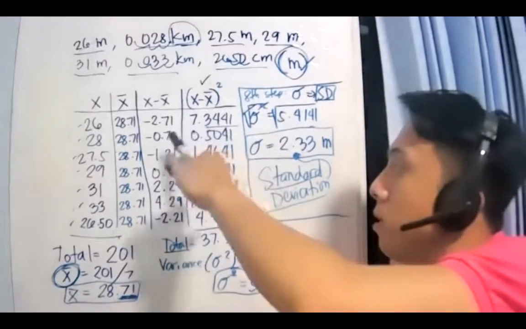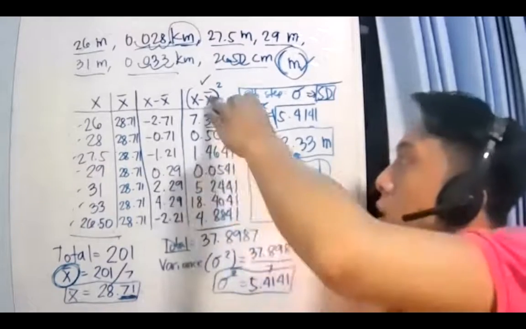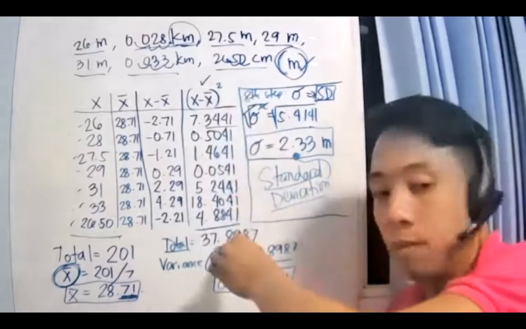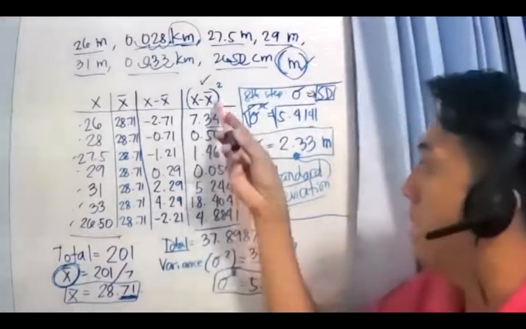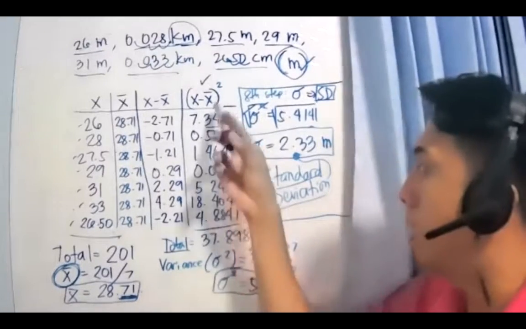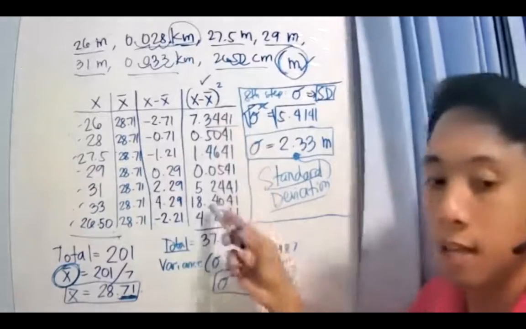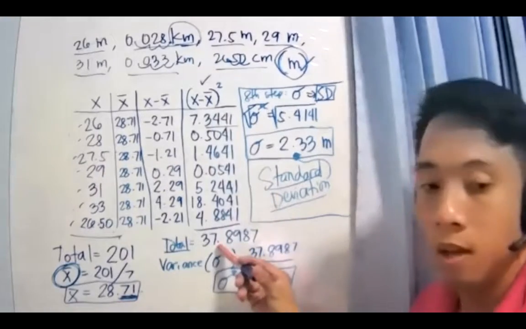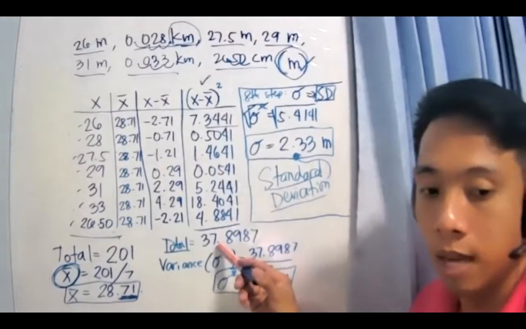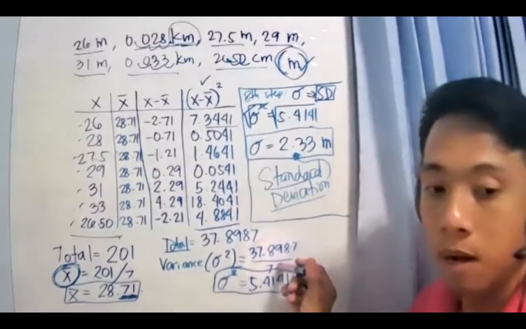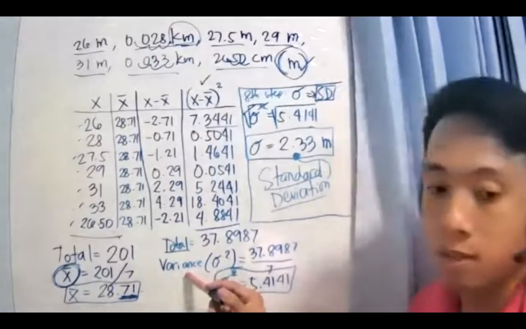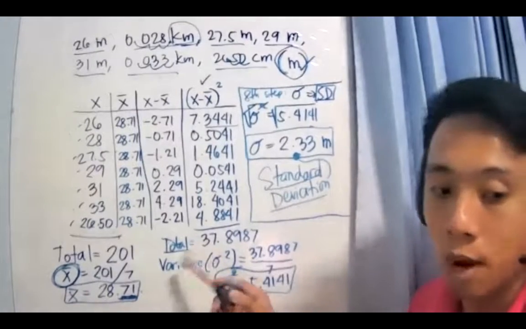Then after may squared ang lahat na yan, you need to add all of these. Okay? Add all of these. Add. And in-add na natin lahat yan. Na-add na. So this will be the total. Yung total natin, i-divide natin sa 7 or number of data para makuha si variance or si sigma squared.